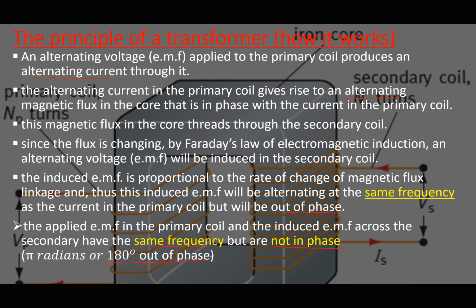The alternating current gives rise to a changing magnetic flux around the primary, which spreads towards the secondary. The changing magnetic flux induces an EMF in the secondary in accordance to Faraday's law. And the induced EMF has the same frequency as the primary EMF or the input EMF, but they are out of phase. So that is briefly how a transformer works.